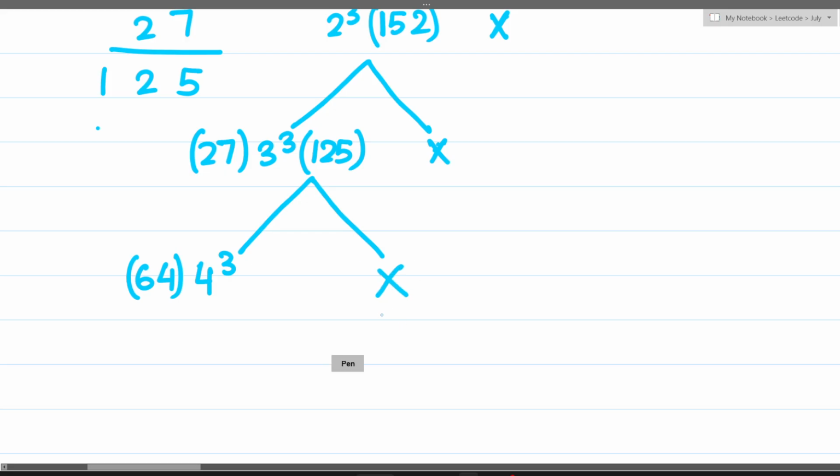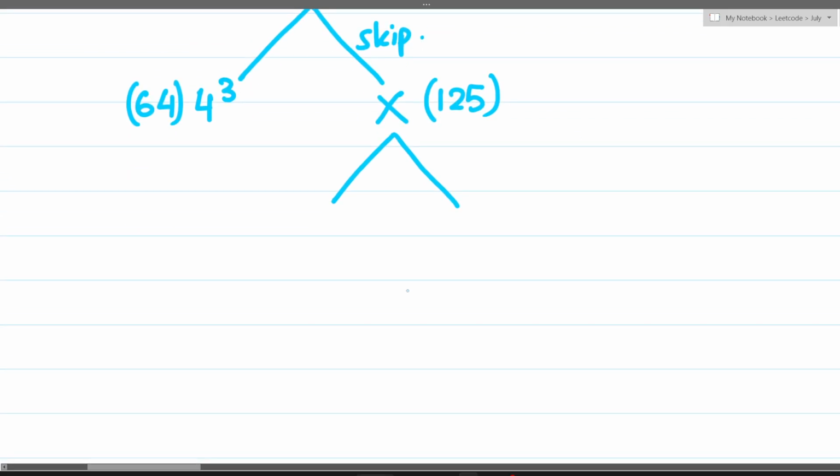All right, sure. Since I skipped it, I have 125 remaining because I did not subtract 64 from 125, right? I'm skipping. Over here, I have 5 to the power 3, which is equal to 125. And when you do 125 minus 125, you get a 0.